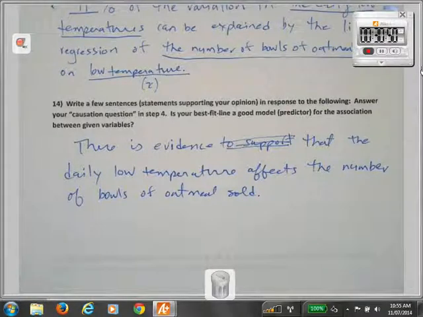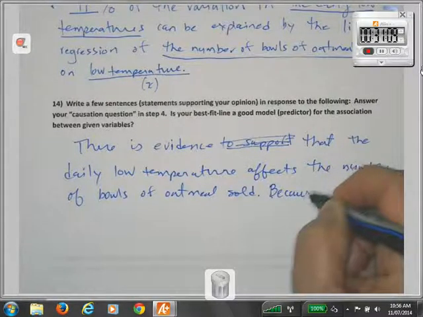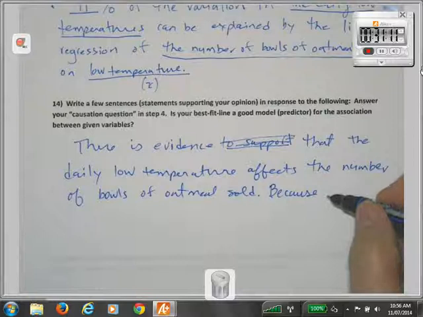We want to know if the model's good, so we need to say something about why we think the model is good. One of the reasons should be your R and your R squared. Okay, because, probably shouldn't start a sentence with because, somebody probably should correct me on that.